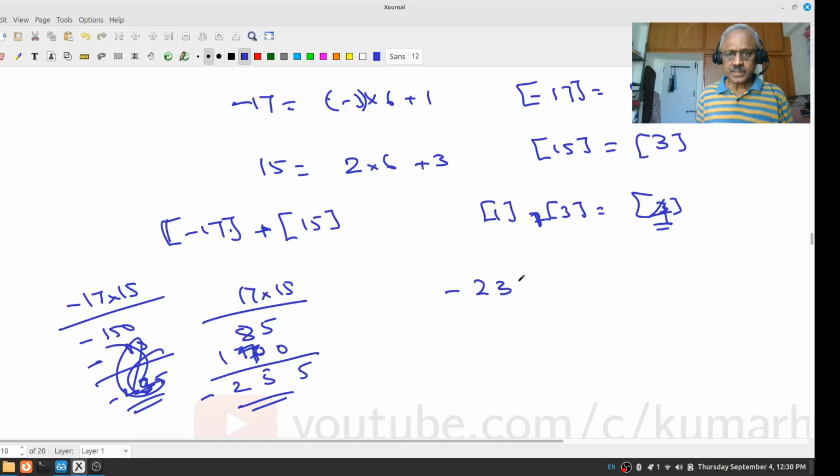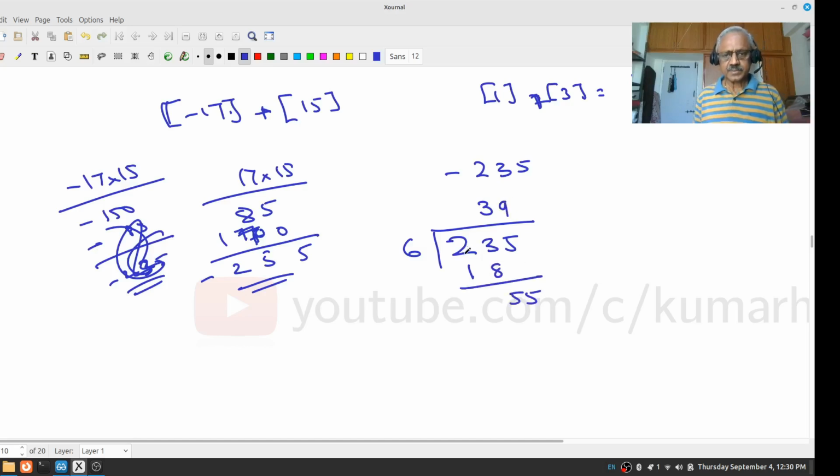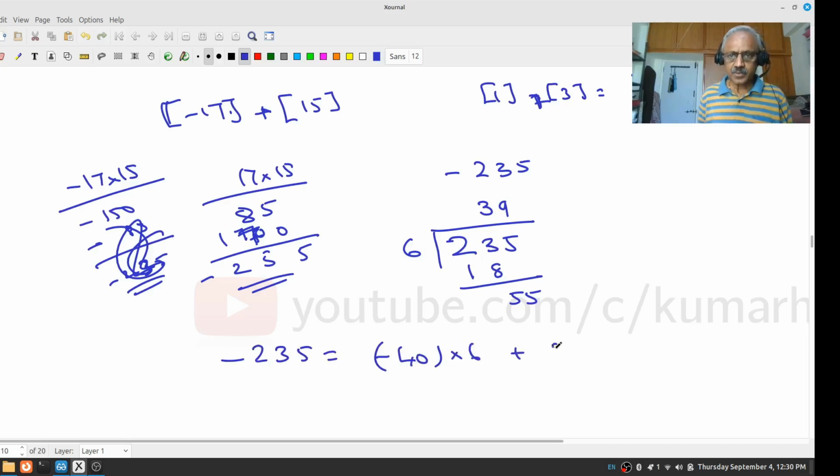Now minus 255, I have to write it in terms of multiples of 6. See, I'm just doing all these things so that you will find it easier. I have to divide by 6. So naturally 3 times this will be 18, and 9 times. Minus 255 will be minus 40 times 6, that will be minus 240, therefore it will be plus 5.